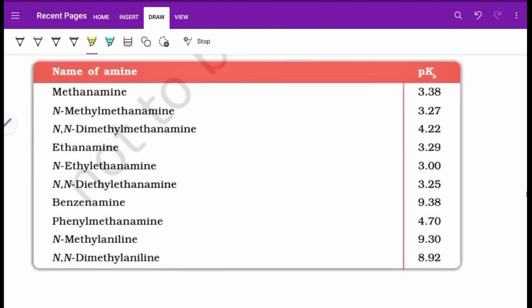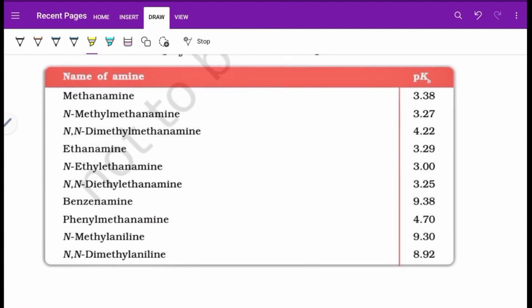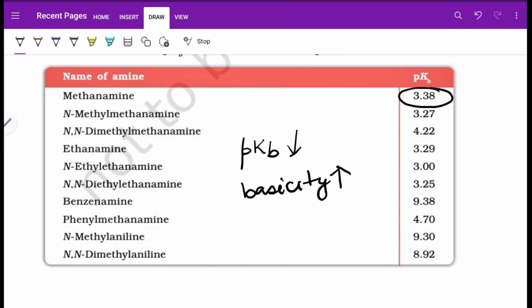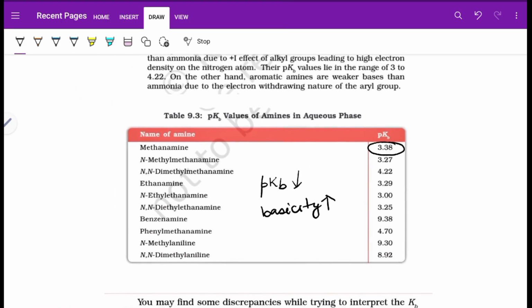So here are some examples of pKb values, and just now we have said that if the pKb value is less, then only the basicity of the compound is greater. So I can say that the 3.38 pKb value for methanamine is greater in basicity because it is having a lesser value, methanamine, than N-methyl methanamine, than N,N-dimethyl methanamine.